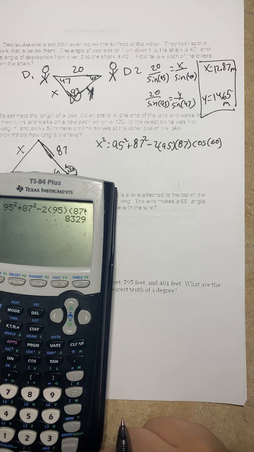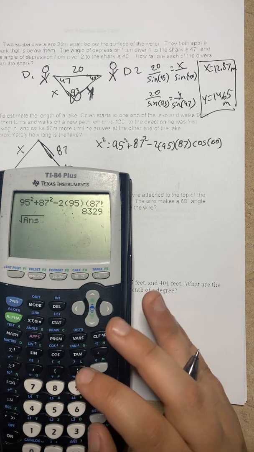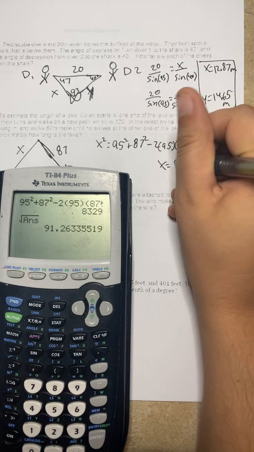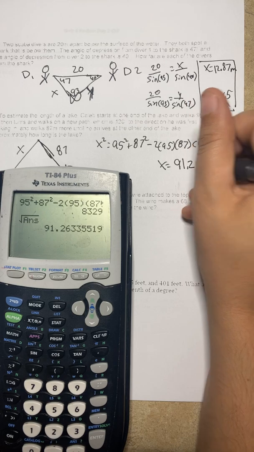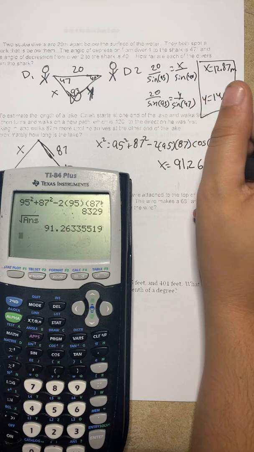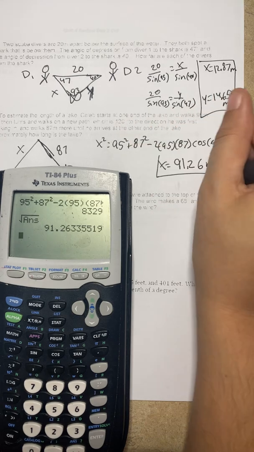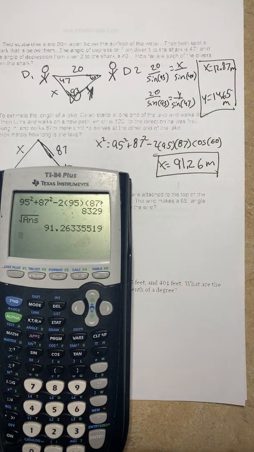And then we do the square root. So that gives me x is equal to 91.26. We're talking about feet or meters? Meters. And that's your answer there.